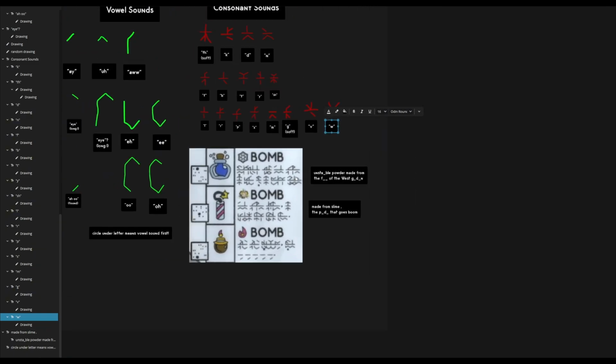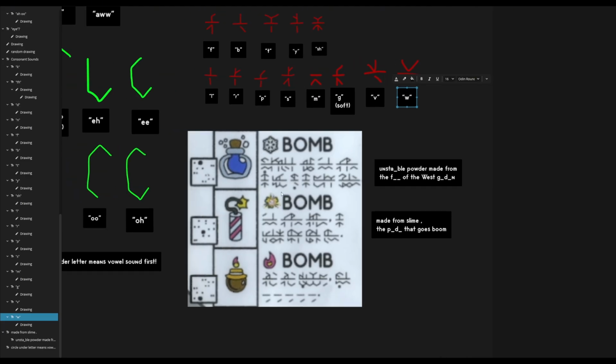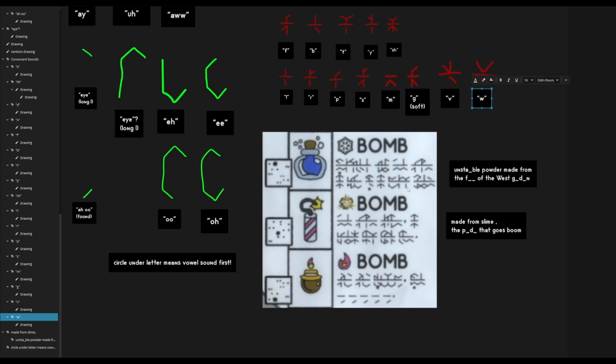Okay. Don't know why that was. Don't know what or why that was. But that's a G. G. God. God? Unstable powder made from the Fae of the West Garden. This is E, right?